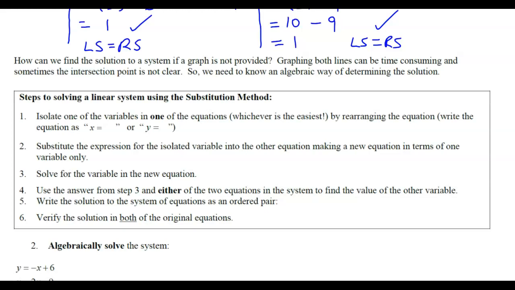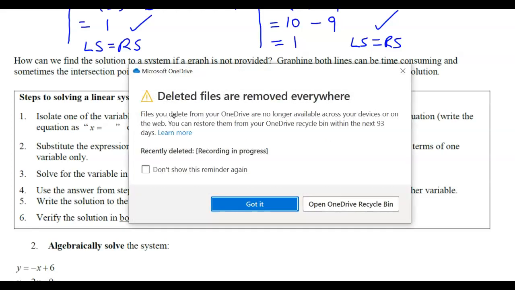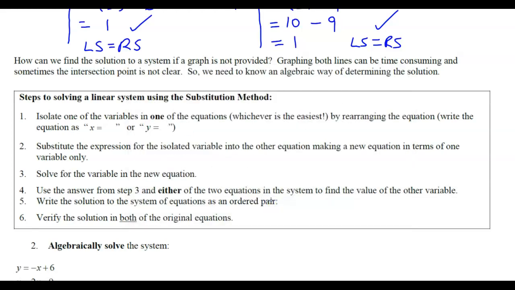So we're going to isolate one of the variables in one of the equations. Choose the easiest one, something that has just an x term or just a y term. Write it as x equals or y equals. We're good at doing y equals because that's slope and intercept form, but we can do it for x as well.